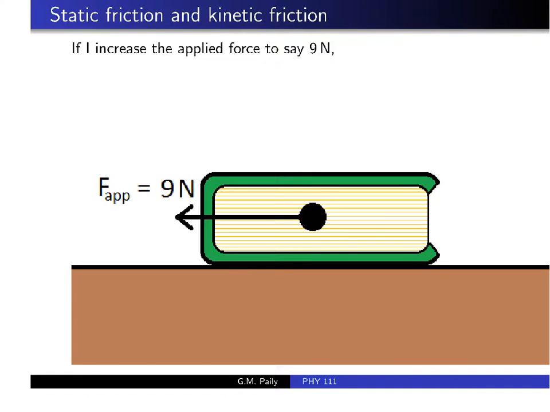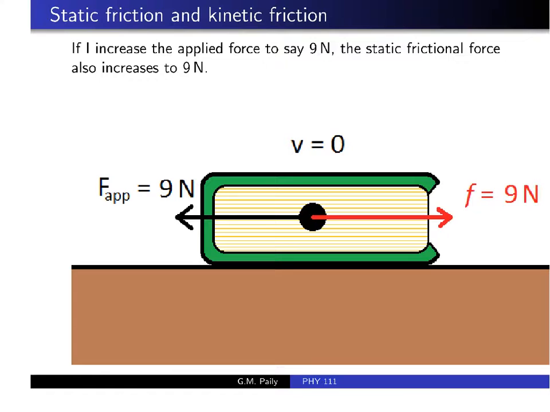Now, the frictional force isn't fixed at 4 newtons in this case. Let's say I increase the applied force to 9 newtons. But the book still doesn't move. What has happened? The static frictional force has also increased to 9 newtons. This is what I meant by the static frictional force being an adjustable force.